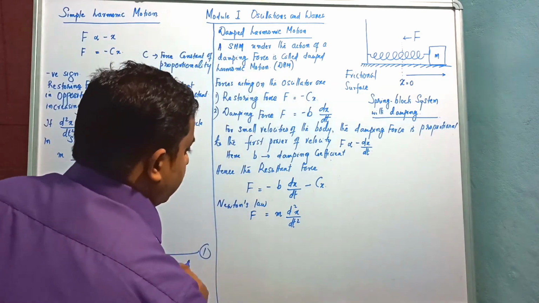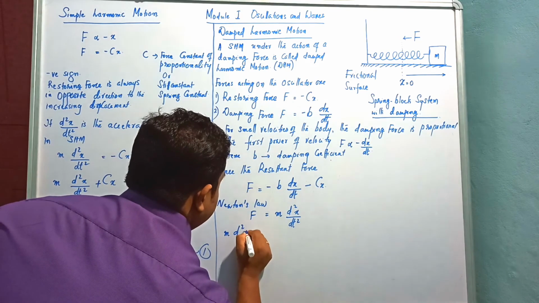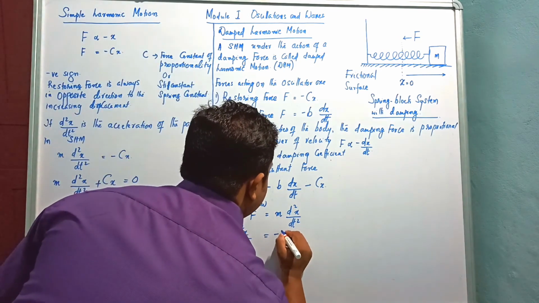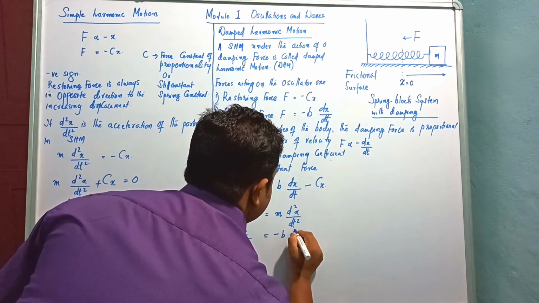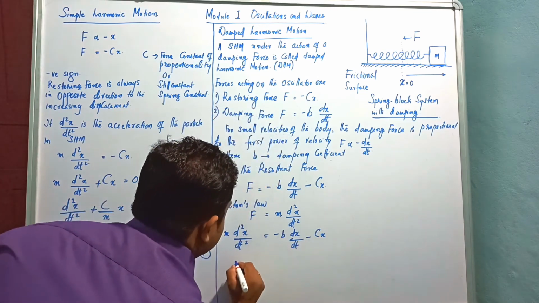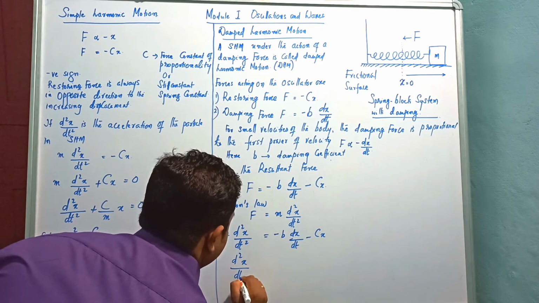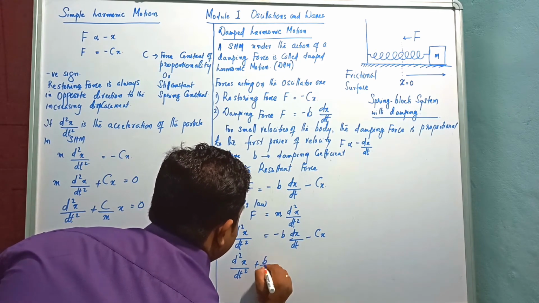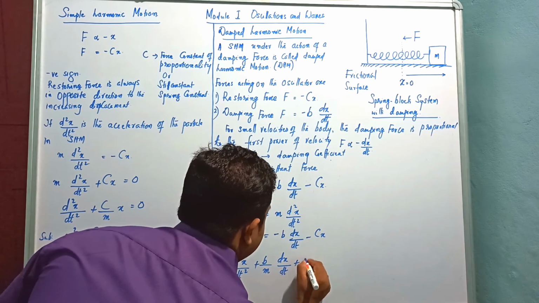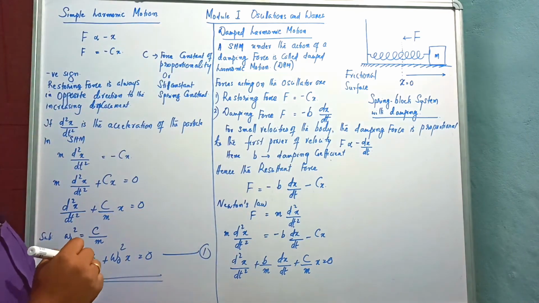Substituting, m d square x by dt square equals minus b dx by dt minus cx. So d square x by dt square plus b by m dx by dt plus c by m x equals 0.